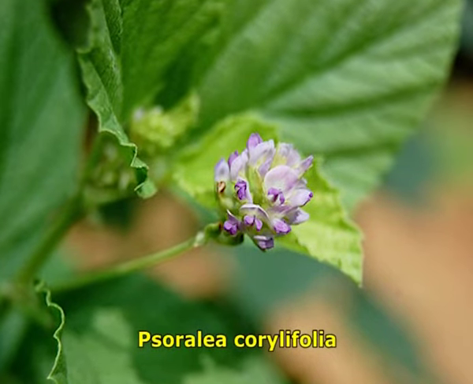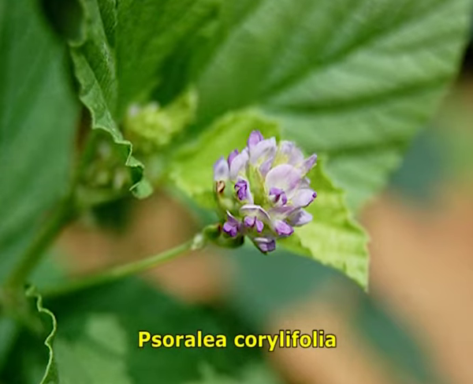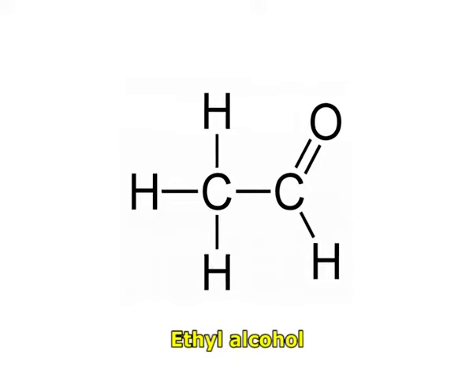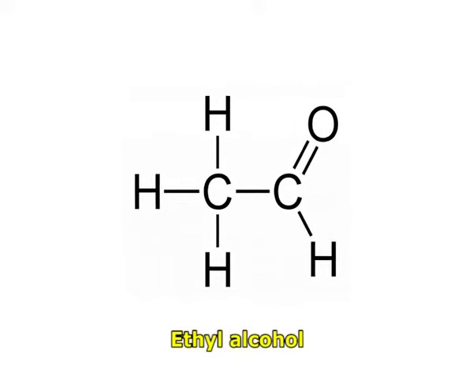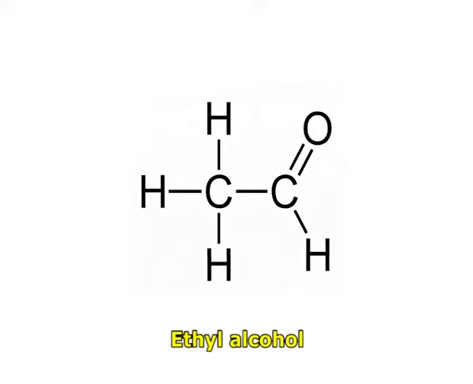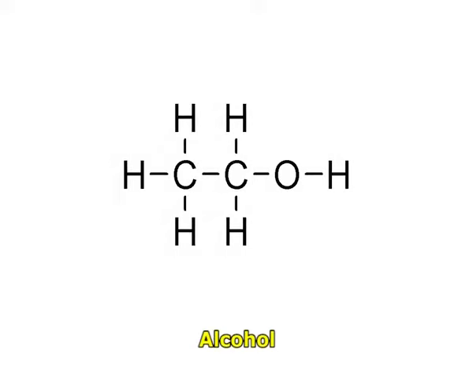Crushed seed of Psoralea corylifolia is soaked with 50% ethyl alcohol solution, and the leaching solution is filtered and distilled to remove alcohol. A slurry of the sediment is obtained and dissolved in methyl alcohol, that is methanol, followed by treatment with active carbon for decoloration.